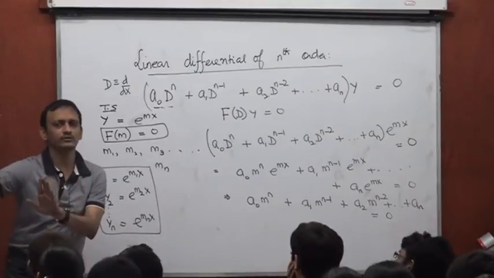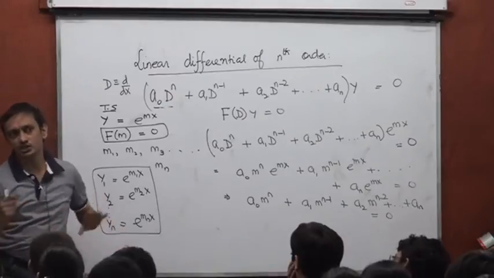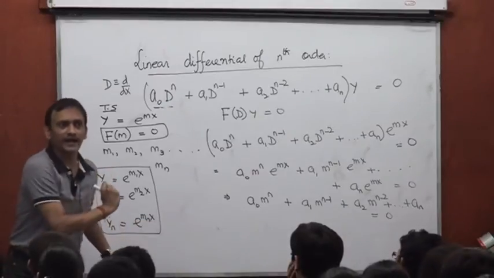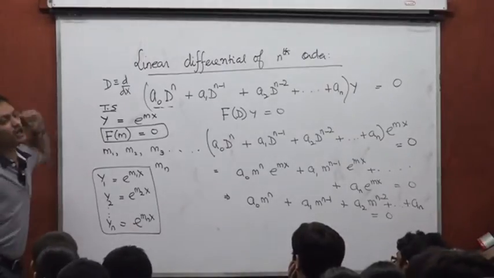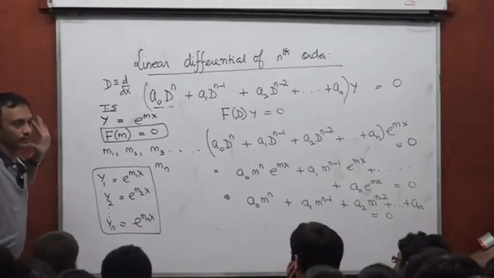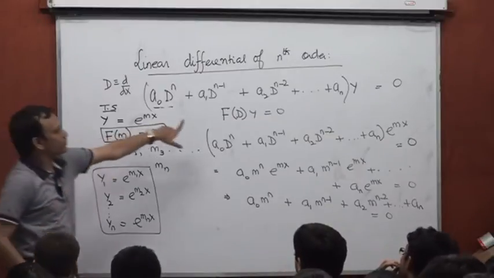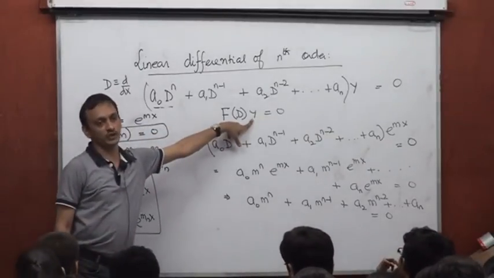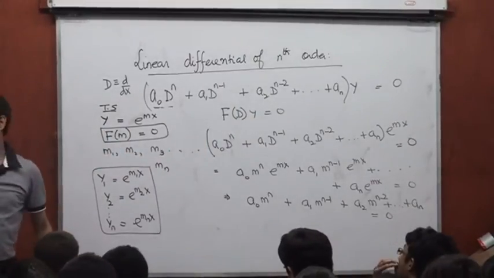But that's a story for the next part of this discussion. So far, all that I have arrived at is n particular solutions. They are particular, not general. All of these satisfy this differential equation, but none of them is a general solution.